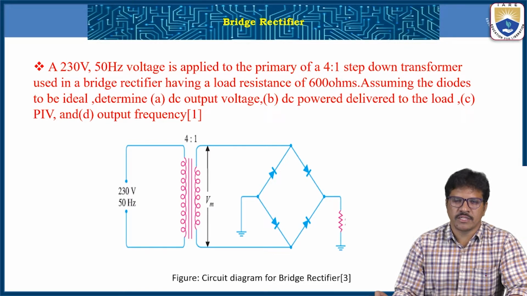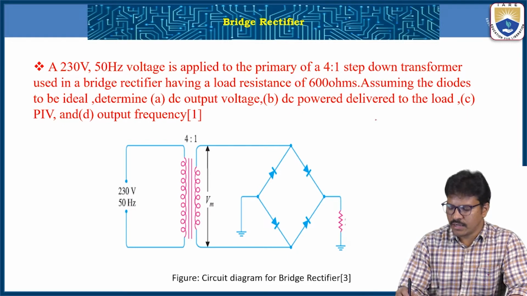Half wave rectifier is impractical, not at all useful for practical application. And the full wave rectifier requires a center tap transformer, so the cost is very high compared with the bridge rectifier.